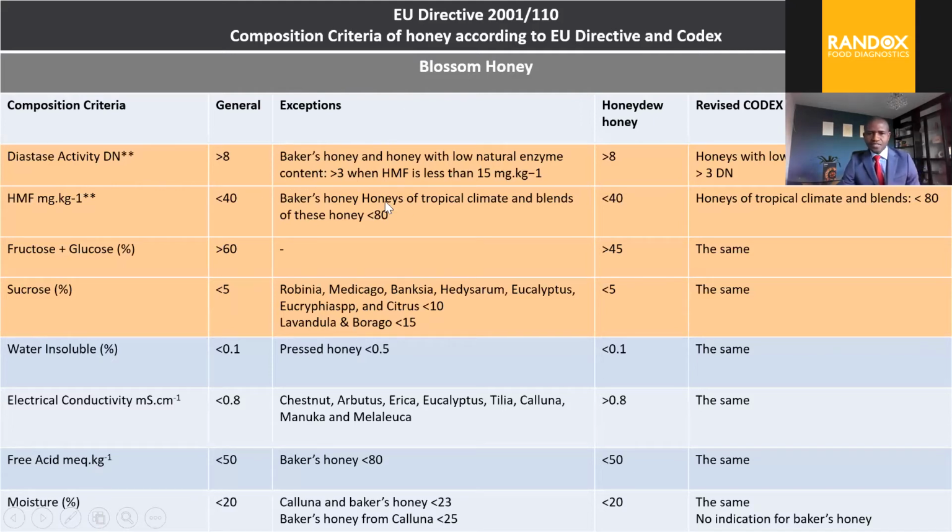And of course, there are some exceptions as detailed in this column, and it also gives the HMF levels, as well as the fructose plus glucose minimum, the maximum sucrose content, water insolubles as a percentage, electrical conductivity, and so on. So that you can actually compare to the revised codex.